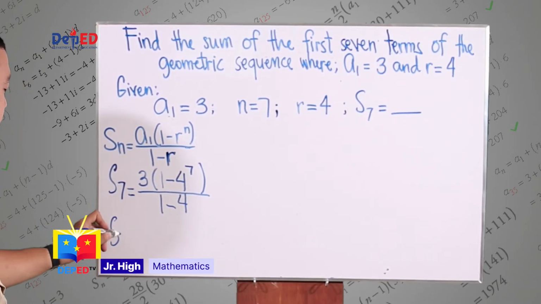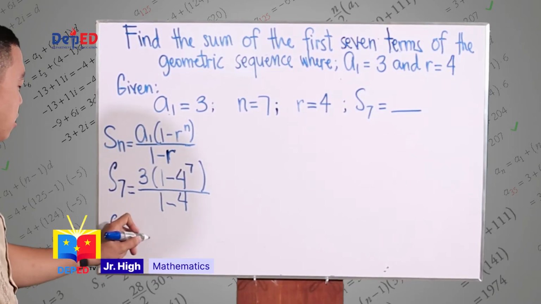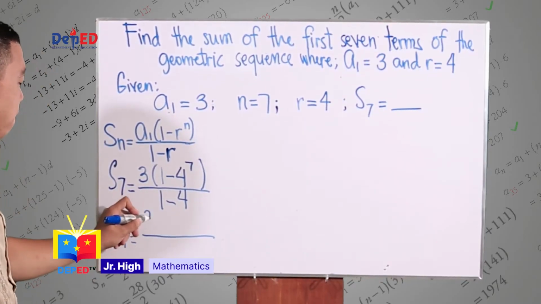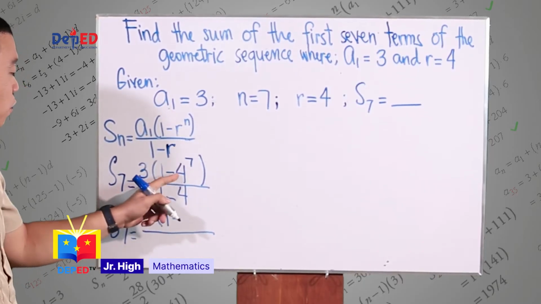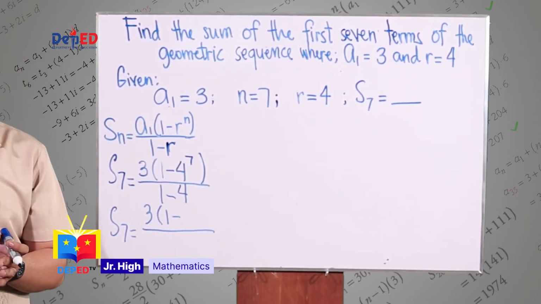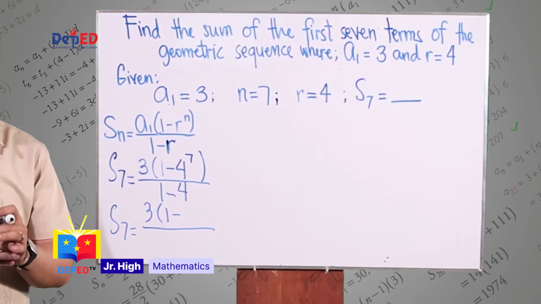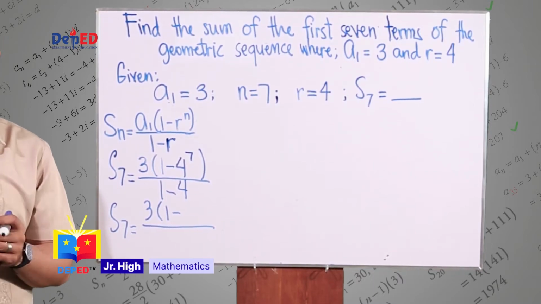Then you will have s sub 7 is equal to 3 times the quantity 1 minus 4 raised to 7, which means you have to multiply 4 by itself 7 times.